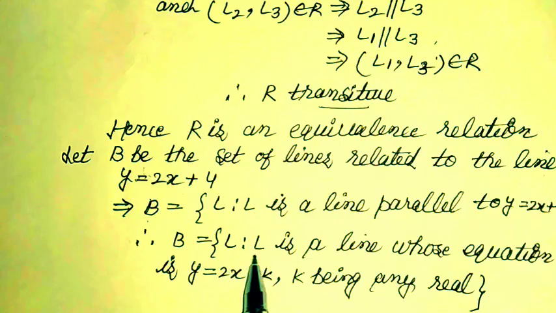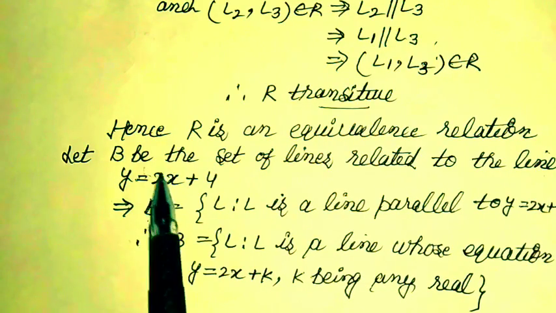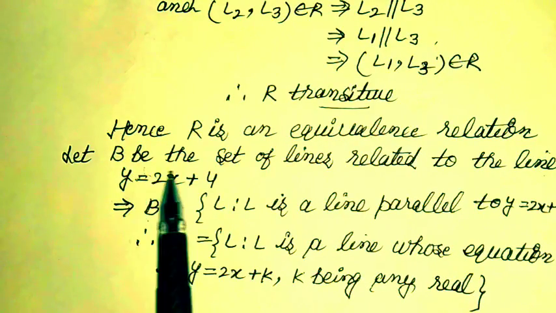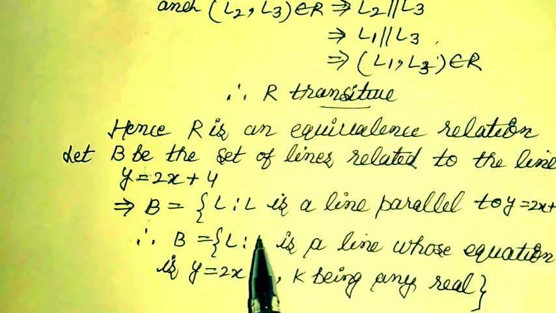Therefore B equals the set of L such that L is a line whose equation is y equals 2x plus k, where k can be any real number, isn't it?